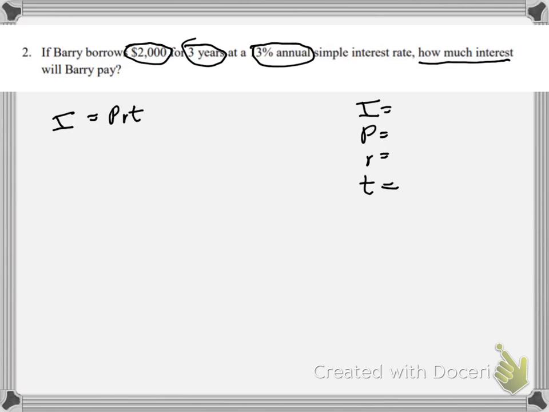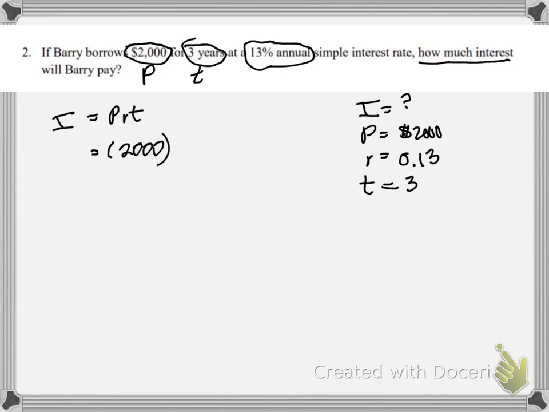So our principal is the amount that was borrowed initially. So in this case, it's $2,000. Our time is 3 years, and our rate, can't really see it very well here, is 13%. So again, we write that as 0.13. Okay, and we're trying to find the interest, which means that's our unknown quantity.